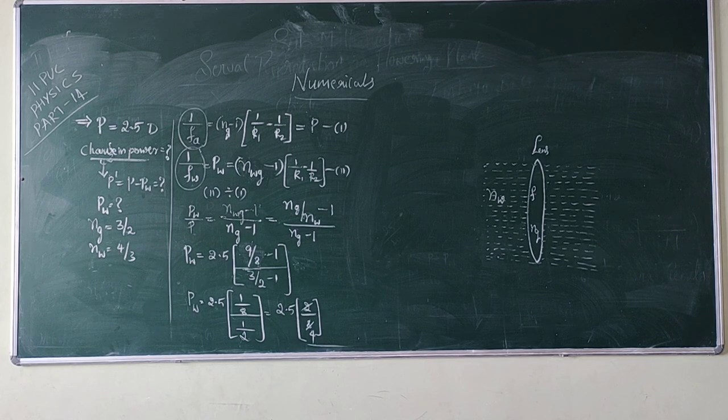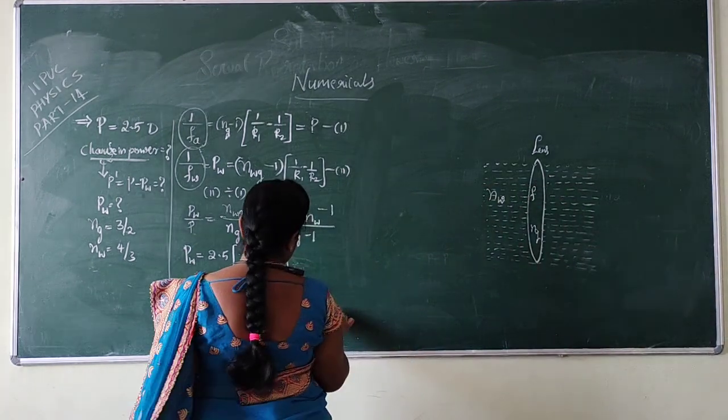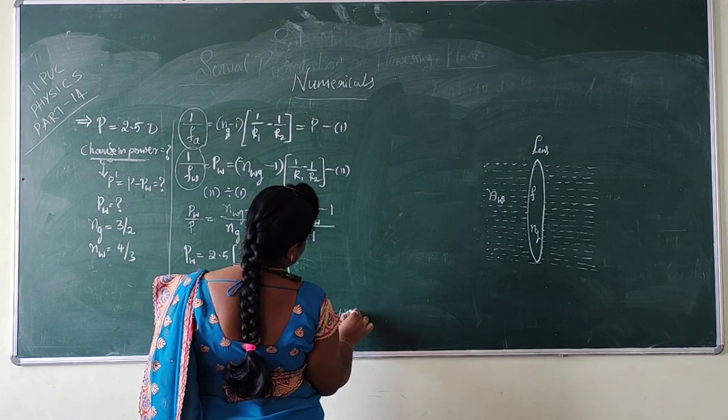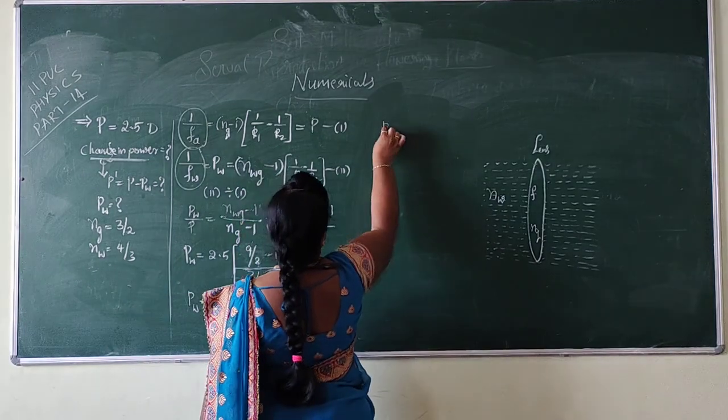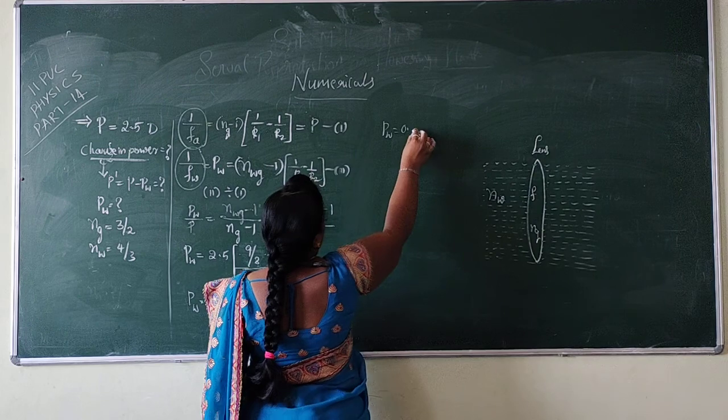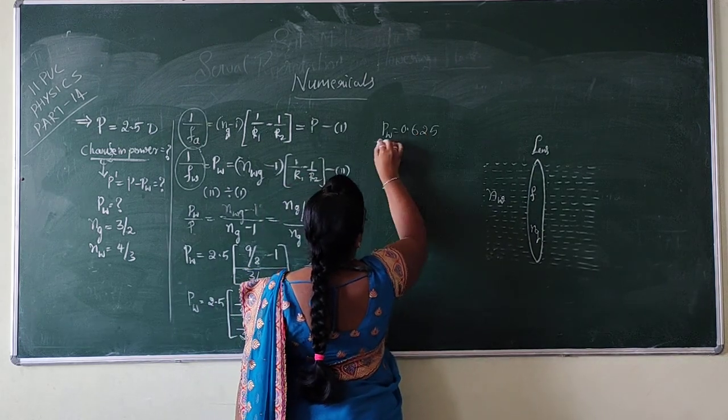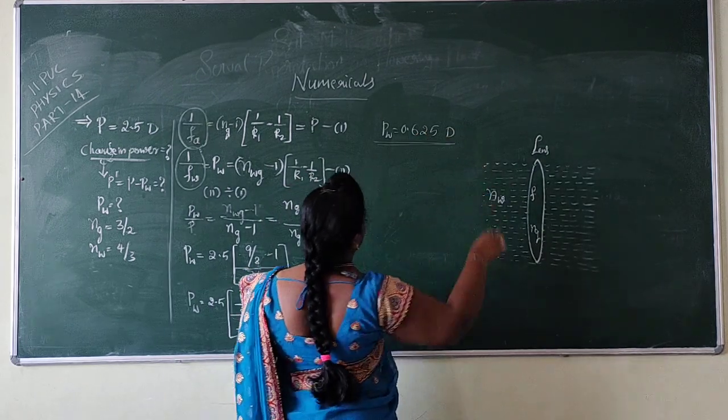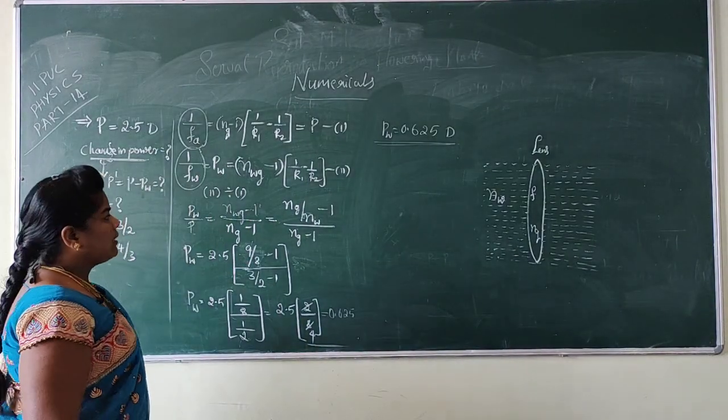So 2.5 divided by 4, how much will you get? It becomes 0.625. So I got PW is equal to 0.625 diopter. This is the power PW I calculated.